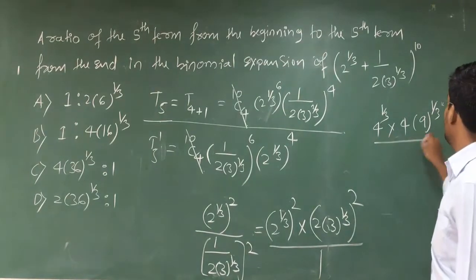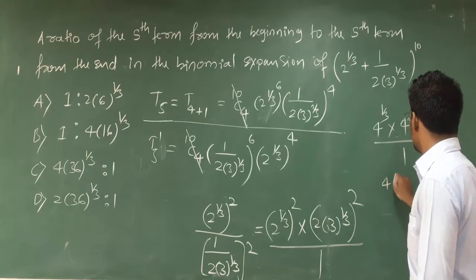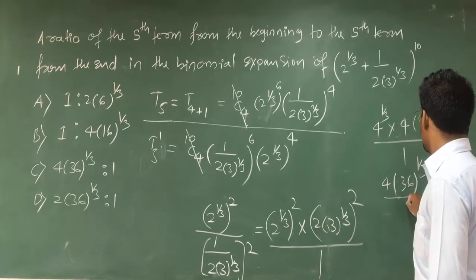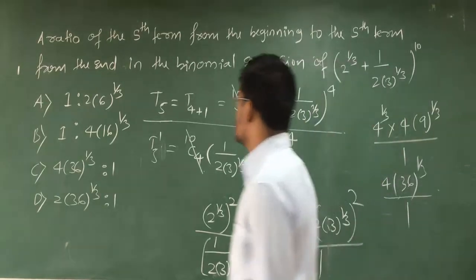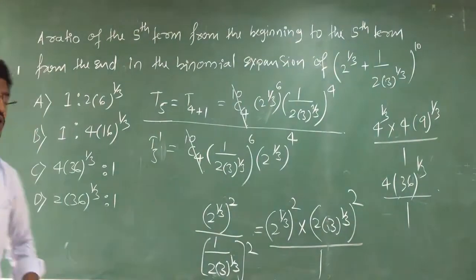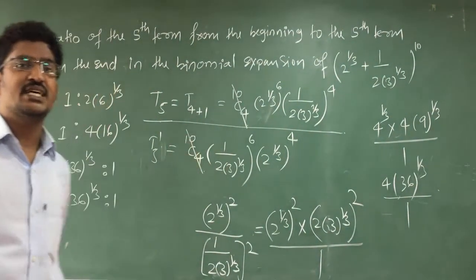Clear? Divided by 1. So if I multiply these two, you can write it as 4 into 36 to the power of 1 by 3 divided by 1. Clear? So this will be your answer, that is 4 into 36 to the power of 1 by 3 is to 1. So therefore option C is the correct answer.